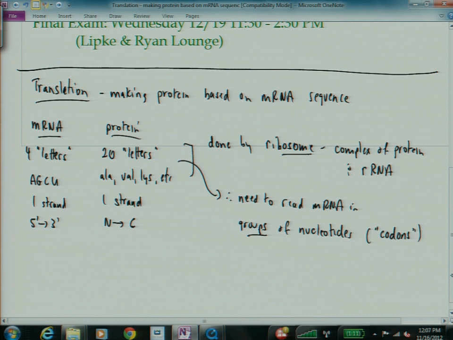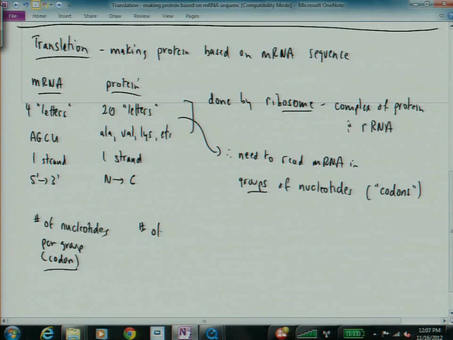The number of nucleotides per group, that is per codon, and the number of amino acids that can be specified must be at least 20, for all 20 amino acids.